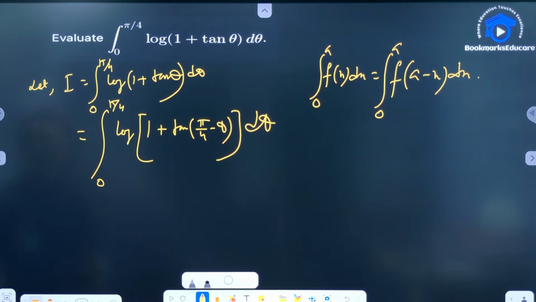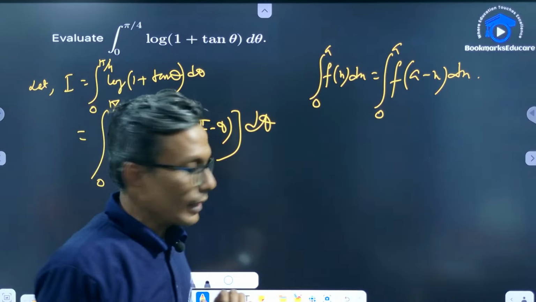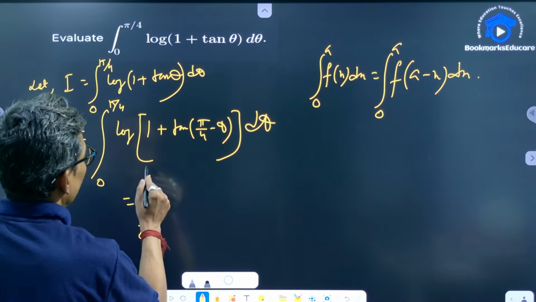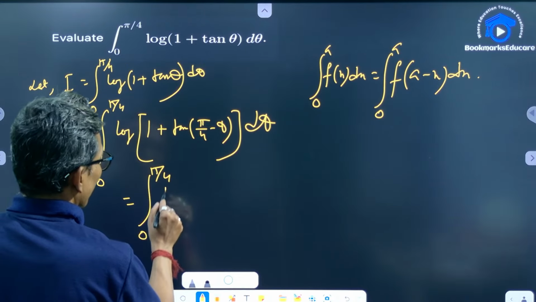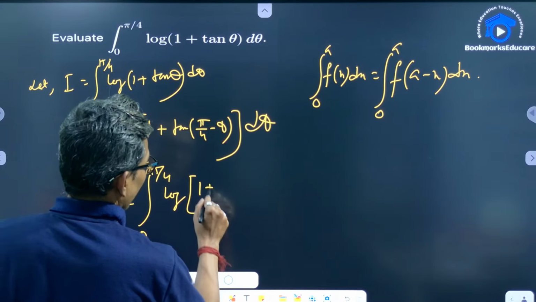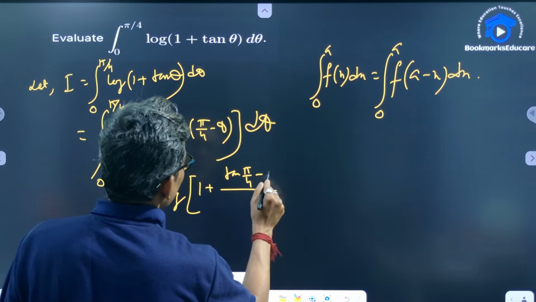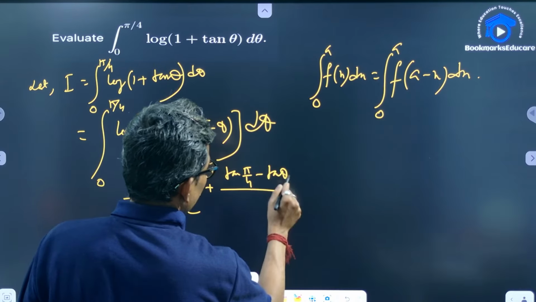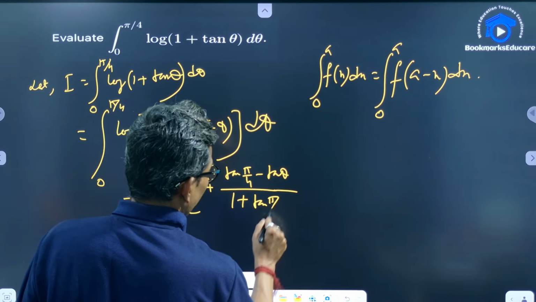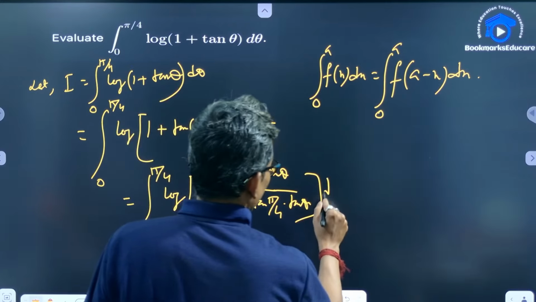ओके, अब tan of (a माइनस b) का फॉर्मूला इसमें डाल देना पड़ेगा. सो क्या होगा, 0 to पाई बाई 4 log of 1 plus (tan पाई बाई 4 माइनस tan थीटा) बाई (1 plus tan पाई बाई 4 into tan theta) d theta.